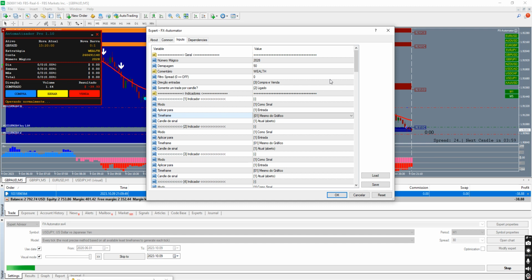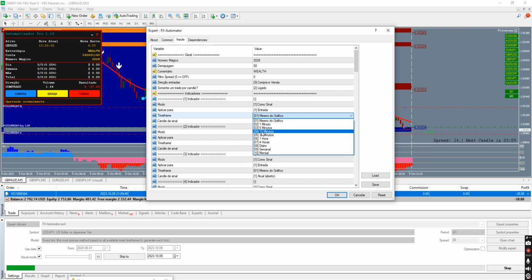If I change it to 1 hour, I want the trade to be at the same time frame of 1 hour. If you use time frames here, all your trades are going to be based on that time frame. Even if you put it on 1 minute, it's going to be making trades on the 1 hour time frame. Okay, so here we have the candle, this now, which means candle of signal.